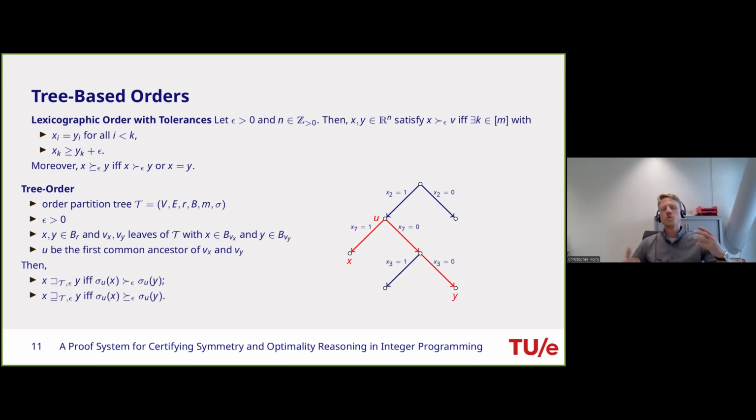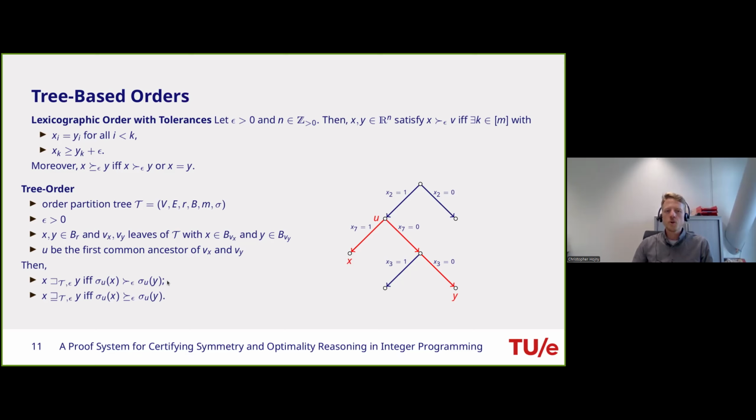If you want to think less abstractly, this is just the lexicographic order derived from the branching decisions to reach the node u. And then we make an epsilon comparison there. So this is how we define the strict order.